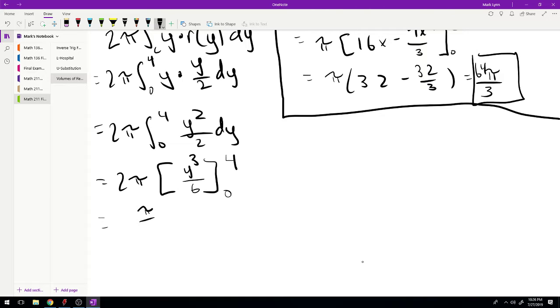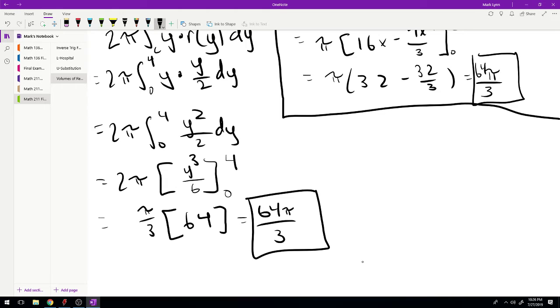That'd be just pi over 3 out in front, and 64 when we plug in the 4 cubed. So ultimately, again, we get 64 pi over 3, which matches the answer up here.